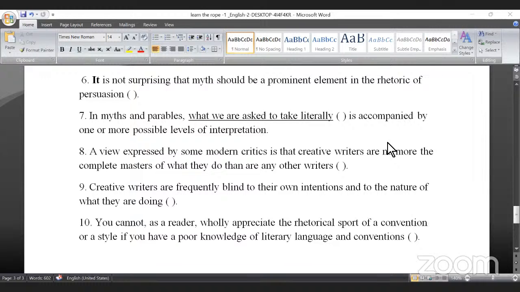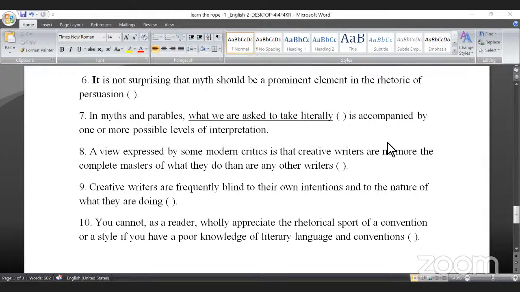I told you already, if you have to analyze, you tell me. To their own intentions and to the nature of what they are doing is an infinitival clause.